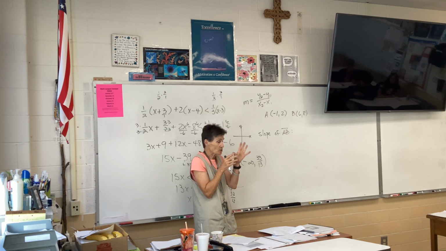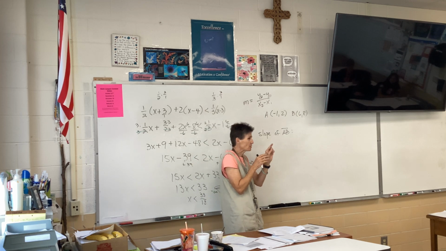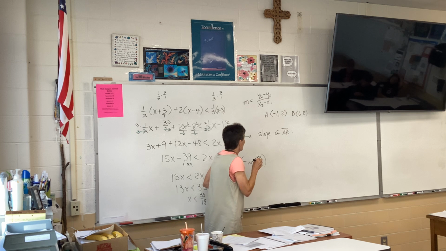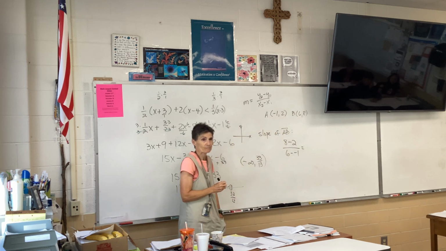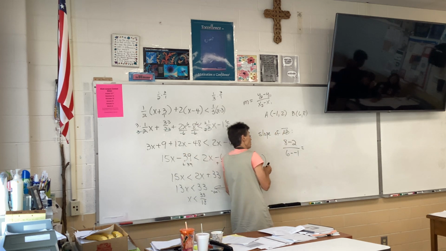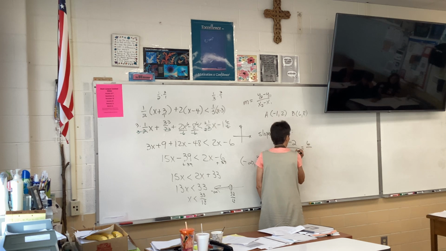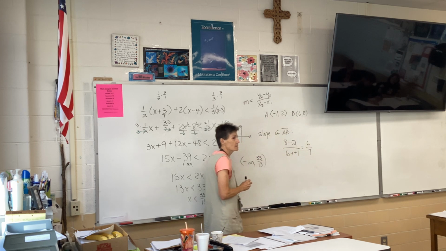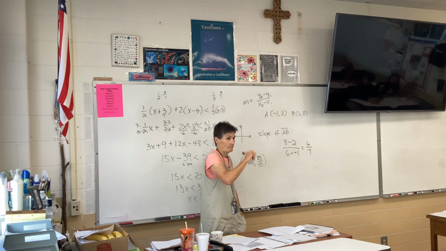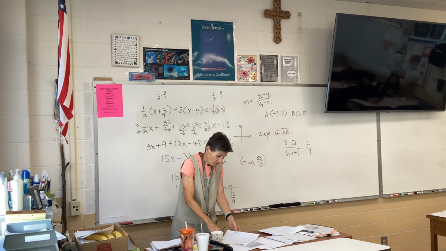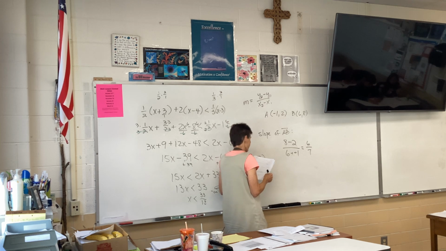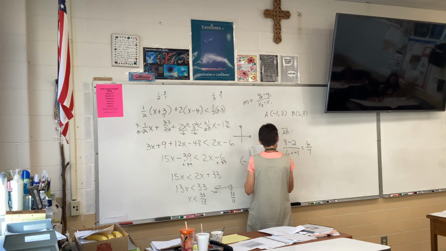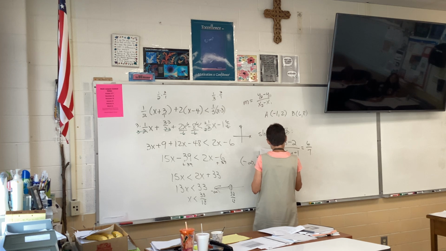So with slope, order doesn't matter, but you gotta do the same order for both. All right, so what do we got? 8 minus 2 over 6 minus negative 1, what do you think about that? Yeah. So my slope is 6 over 7. 6 sevenths. Rise over run. 6 over 7. All right, you do B. Tell me what the slope of CD is.